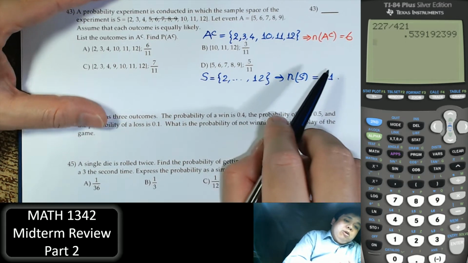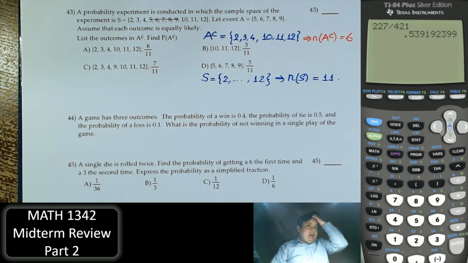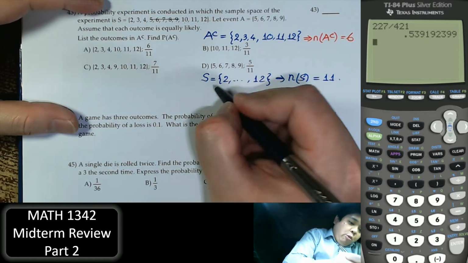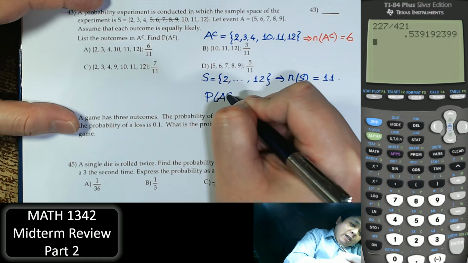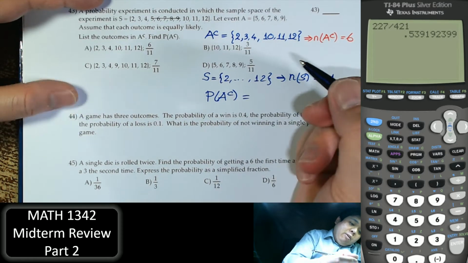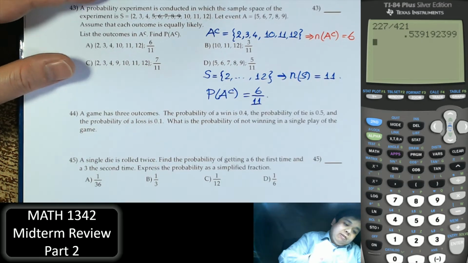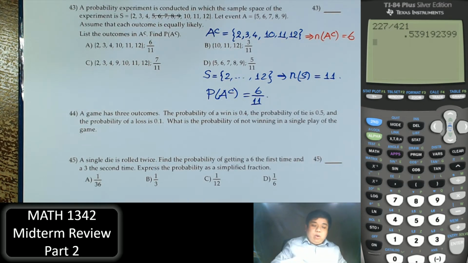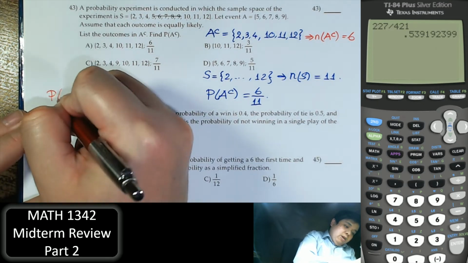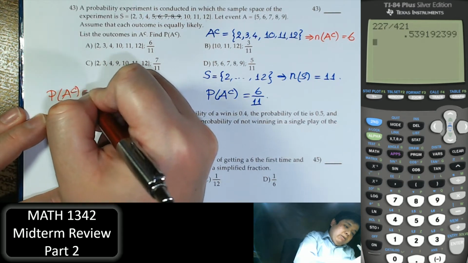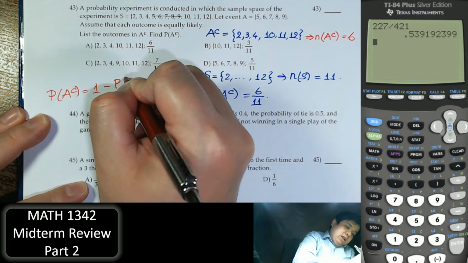So in the sample space we have 11. In that particular event we have 6. So the probability of getting the complement of A is 6 over 11. Of course we have the formula: the probability of the complement of A is 1 minus the probability of A.